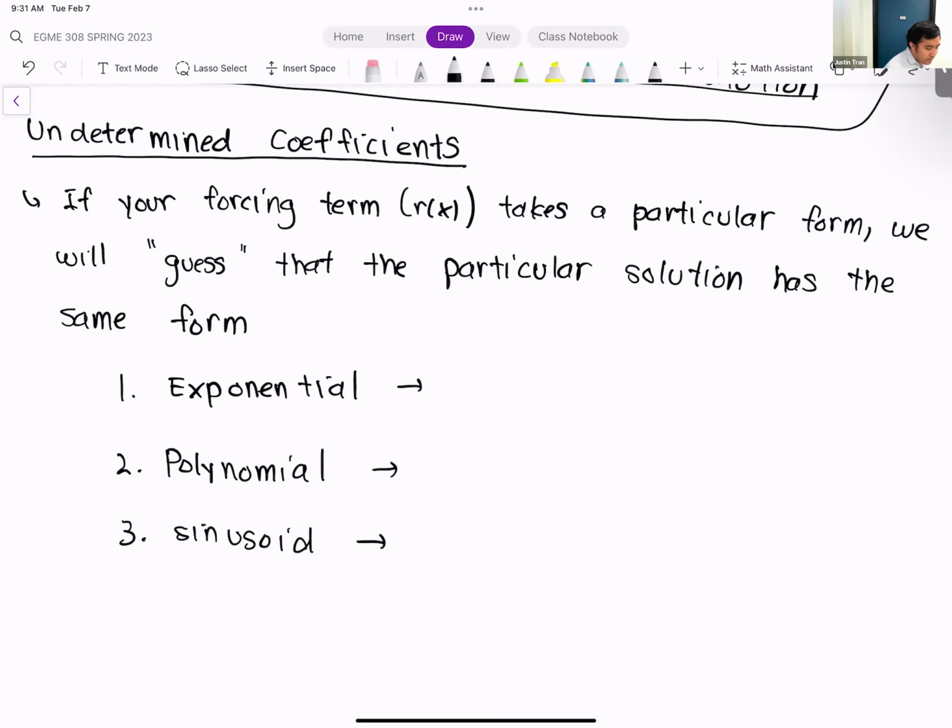And the reason it works for these three is that if you take the derivative of these functions, you end up with another function that looks similar to the original function. Right. So I think the most classic case for this is an exponential. Okay. You take a derivative of an exponential function, you get the exponential function. Same thing with sinusoid. You take a derivative of sine, you get cosine.